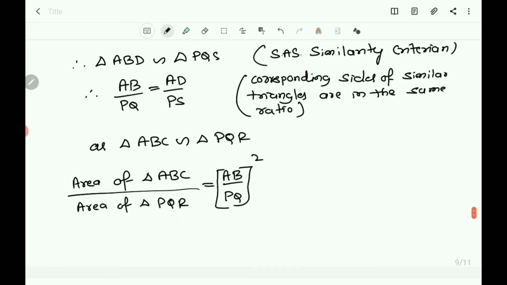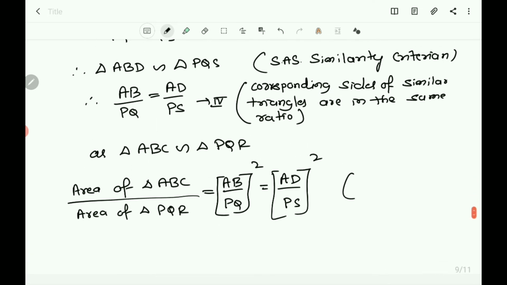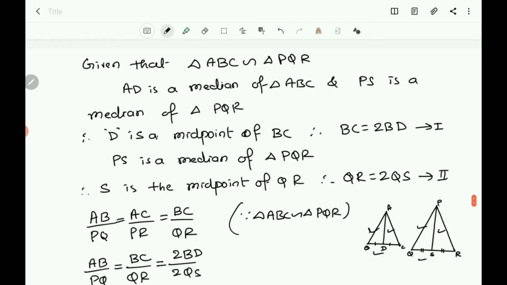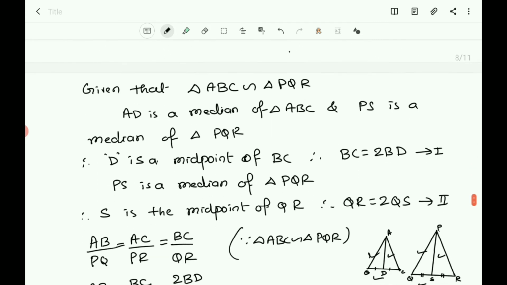And you know that AB by PQ is nothing but AD by PS, the whole square. This is the fourth one, so you can write from the fourth. Therefore, the areas of the similar triangles are equal to the squares of the ratio of their corresponding sides.